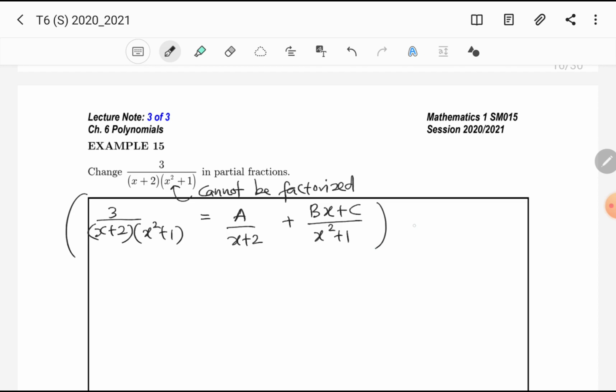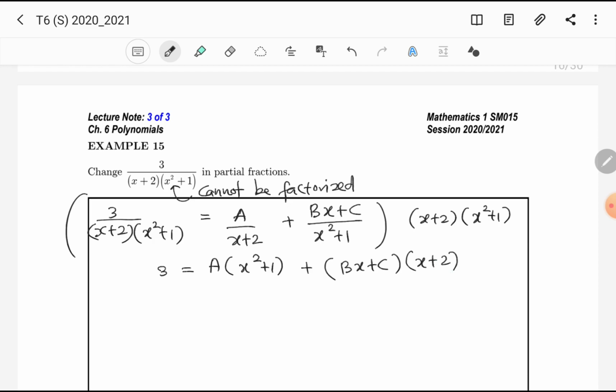Okay, next we equate the denominator, multiply by x plus 2, x squared plus 1. So, we have 3 equals to A times x squared plus 1 plus, use bracket for Bx plus C, times x plus 2.